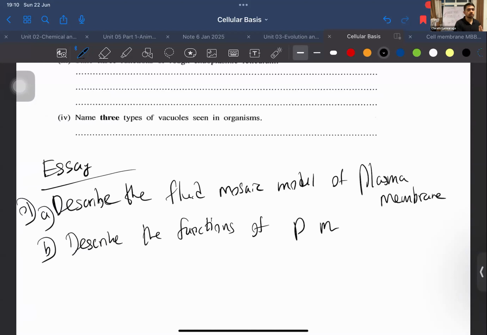In the paper, they won't tell you whether you are required to draw a diagram or not. They won't tell you that you are supposed to draw a diagram, but they will give marks. So if you haven't drawn a diagram, you're going to lose marks. Clear?